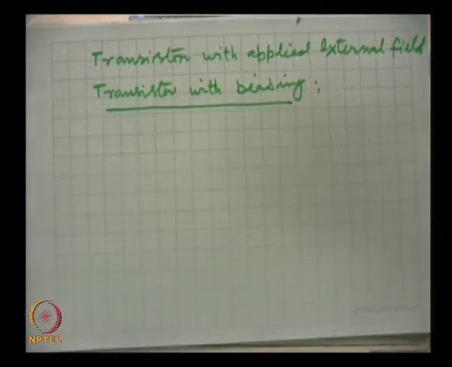In the case of a PN diode, there was only one junction, and there were two possibilities to bias that. That junction could be either forward biased or reverse biased. Now, the transistor has two junctions.